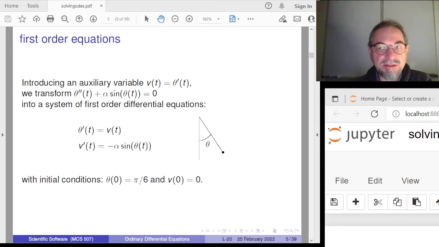Using the interpretations of velocity and acceleration, it's very natural to rewrite this second order equation using an auxiliary variable, which is the velocity. Say that we have the initial conditions: pi over 6 is the initial angle at time equals 0, and the initial velocity is 0. That would mean that we give our pendulum an initial deviation, and then we let it loose.